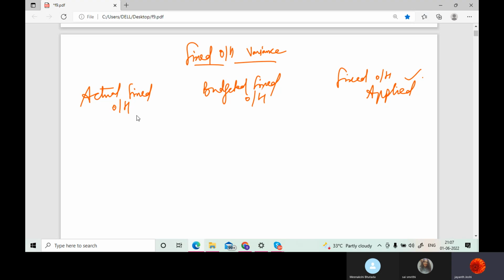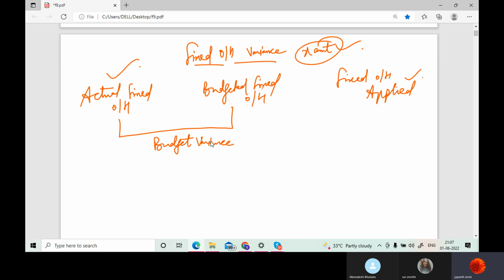The difference between actual fixed overhead and budgeted fixed overhead is nothing but the budget variance. Like we budget or plan that we are going to spend some X amount in our business, and we check in actuality how much we are spending.